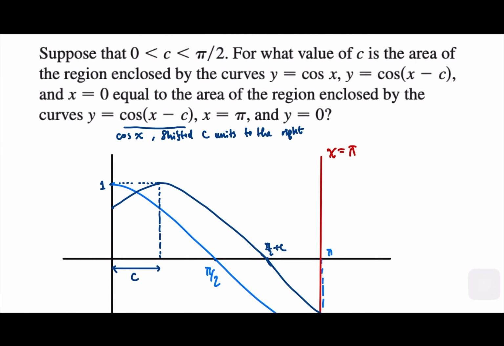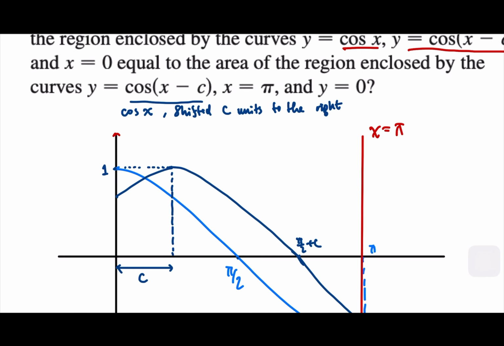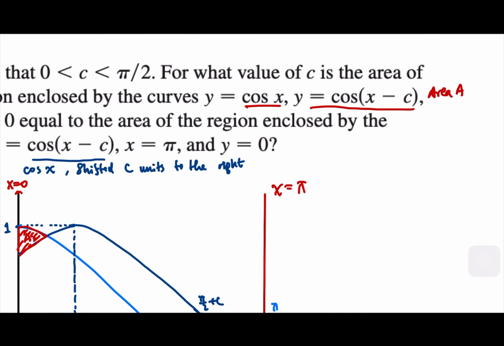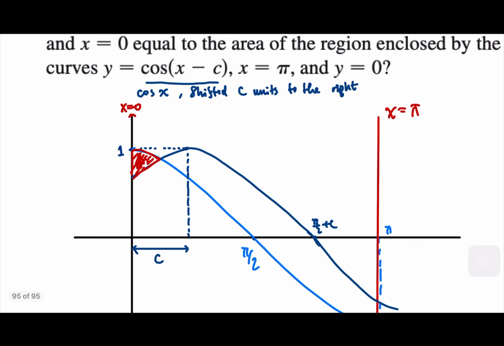The first one is y equals cos x, y equals cos x minus c, and x equals 0, which means this is x equals 0, right? This red line. This is cosine x, and this is cos x minus c. So this is area A.